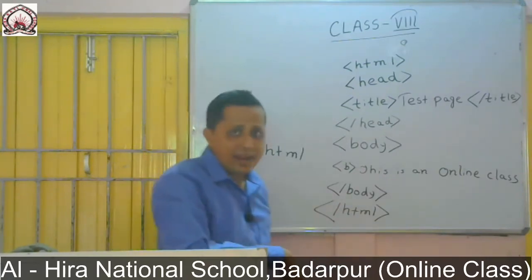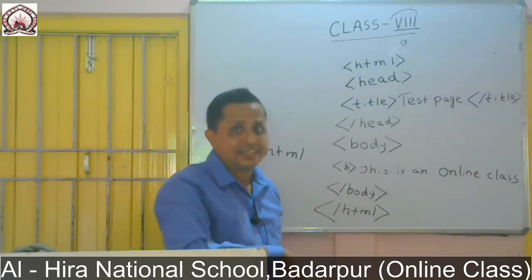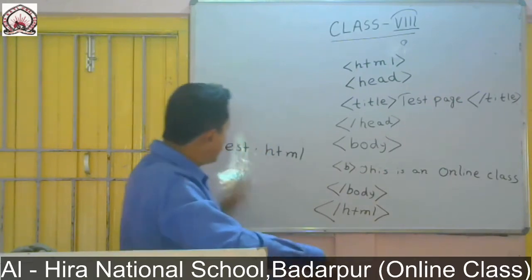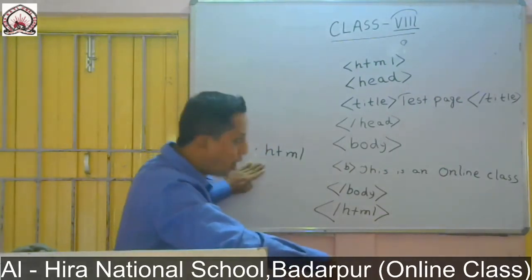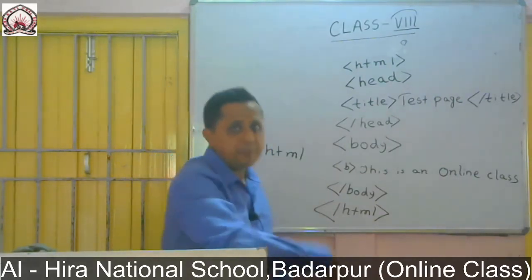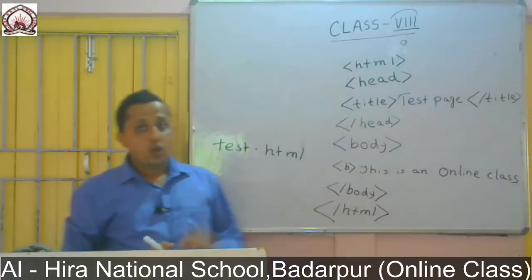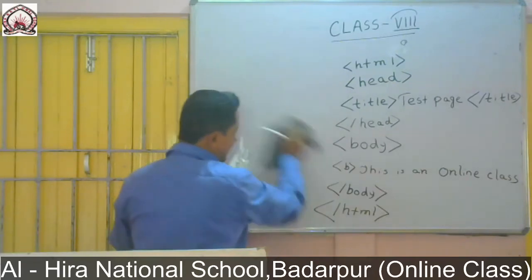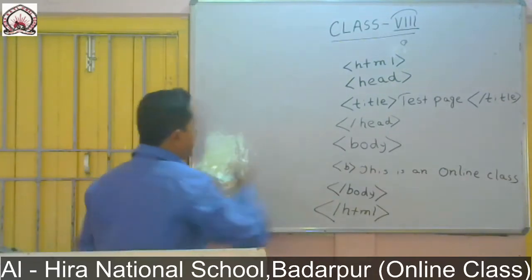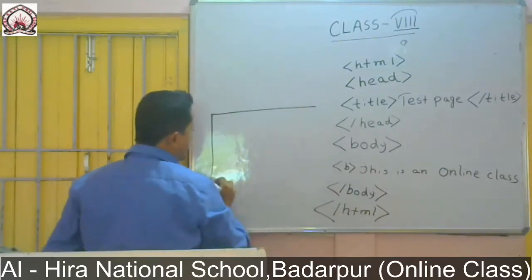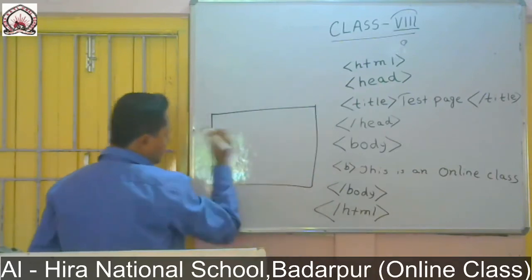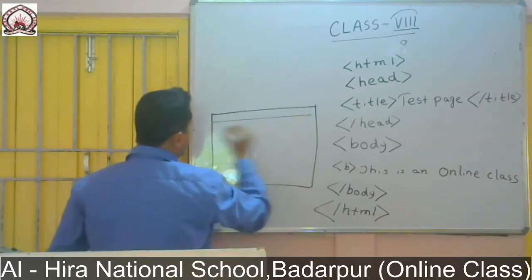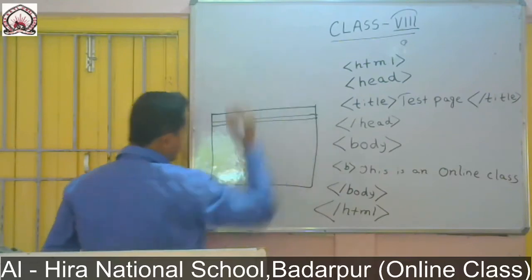So when we are going to save the HTML file, we will give it like this, test.html. When we save this HTML code, a web page will be created, with a menu and an address bar.